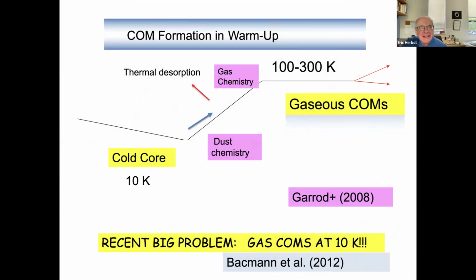And this is just showing a star and planet that's eventually being formed from a diffuse cloud. And this is the temperature, it's cold, and eventually it heats up and stuff can come off. It's a complicated picture whether the chemistry occurs on the dust or in the gas.